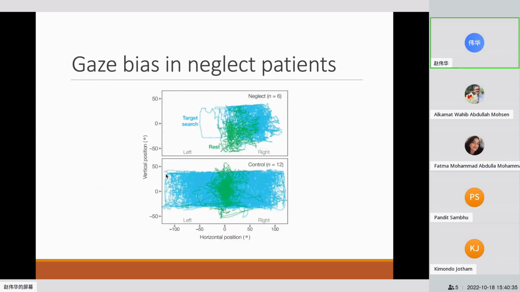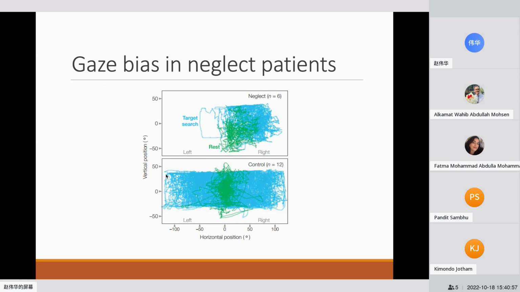And what about their gaze bias? Patients with neglect will show only a subset of the extreme signs of neglect.